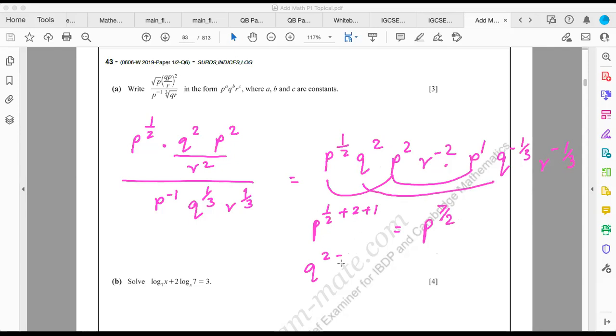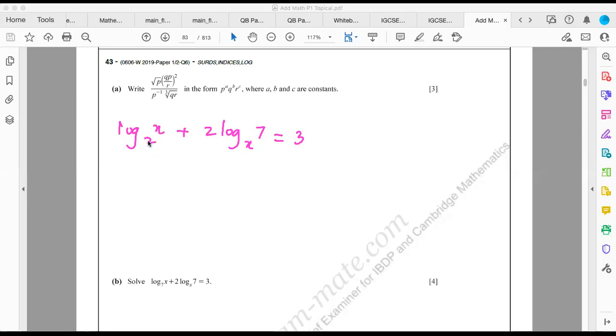So q to the power 2 minus 1/3, so it will be q to the power 5 by 3. And then we have the r powers: r to the power negative 2 into r to the power negative 1/3, so it becomes r to the power negative 7 by 3. So the value of a is 7 by 2, value of b is 5 by 3, and value of c is minus 7 by 3. This is the first part explanation.